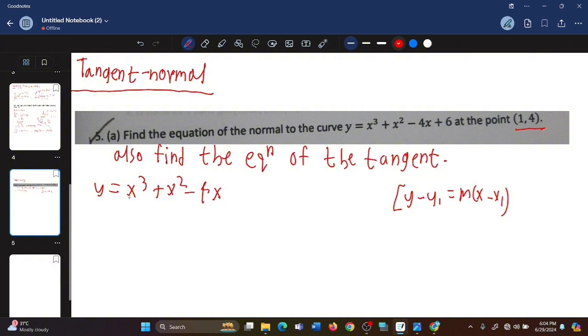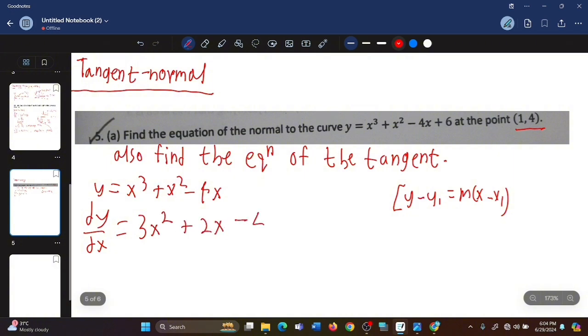As I said previously, we use differentiation to find the gradient of the tangent at a particular point. So first let's differentiate this equation. dy by dx is the power in front, 3x squared, 3 minus 1 is 2, plus 2x minus 4. So this is the differentiation of this equation. If I substitute the x coordinate, that is 1, into this equation, I get the gradient of the tangent of the curve at that particular point.